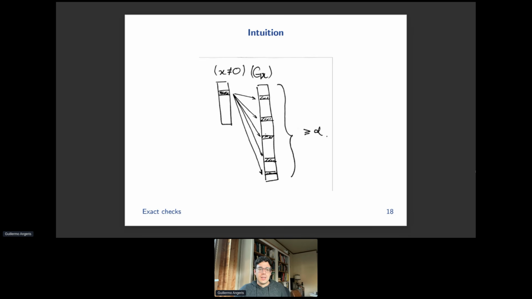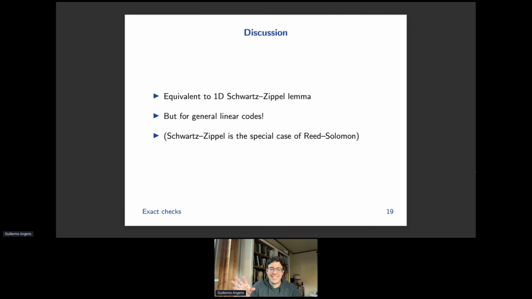Okay. So at a high level, and maybe I'll make this a homework exercise, this exact statement is equivalent to the one-dimensional Schwarz-Zippel lemma. So this is the general linear error correcting code generalization of the Schwarz-Zippel lemma or the polynomial zero check.